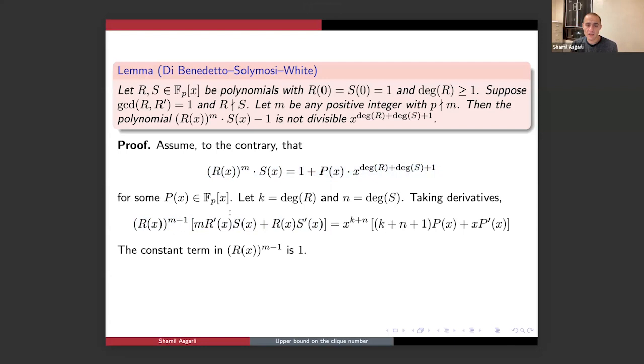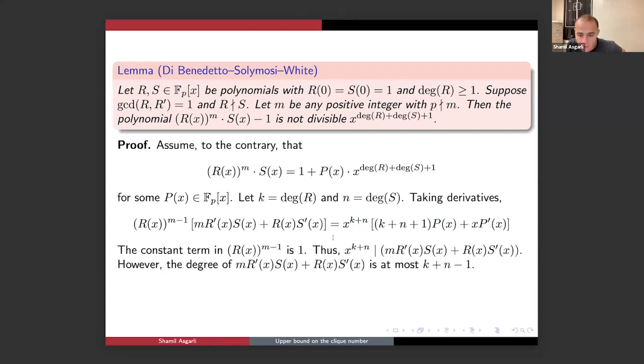That's why it's helpful to let k be the degree of R and n be the degree of S, because then this just becomes k plus n plus 1. But we also know that the constant term of R(x) times m times R(x) raised to m minus 1 is 1, just because when you plug in x equals 0, you get 1.